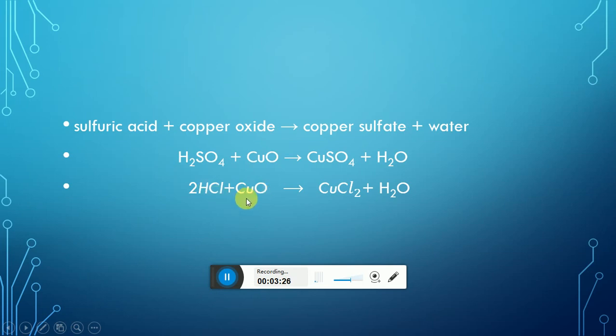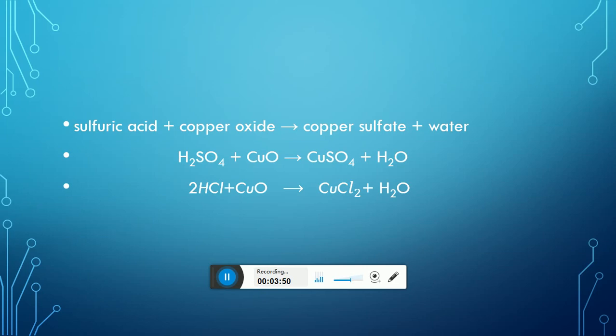Again, I am using the word chloride. It means whenever we use HCl, when we name the salt, that salt will be copper chloride.